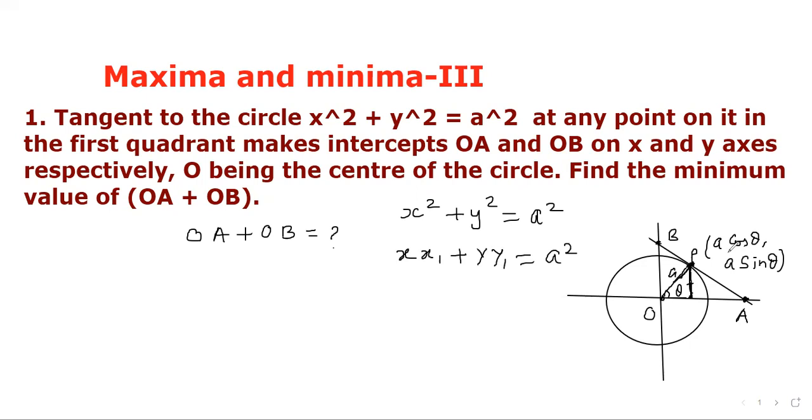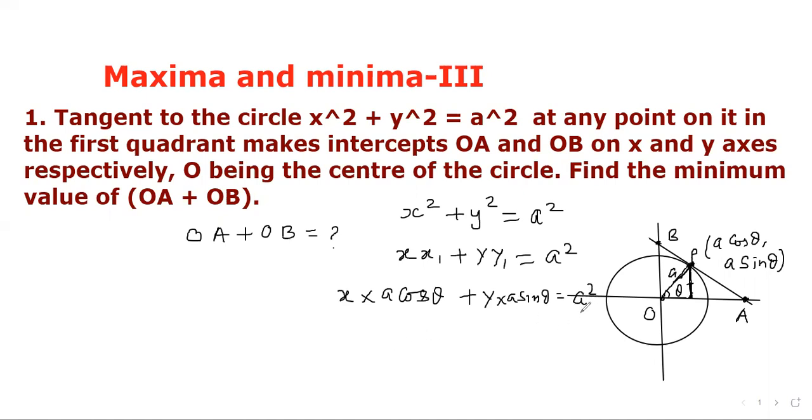So here x1 is a cos theta and y1 is a sin theta. So we put these values: x times a cos theta plus y times a sin theta is equal to a square.